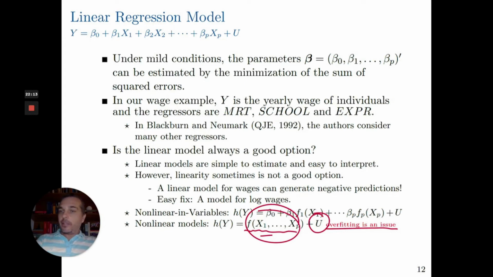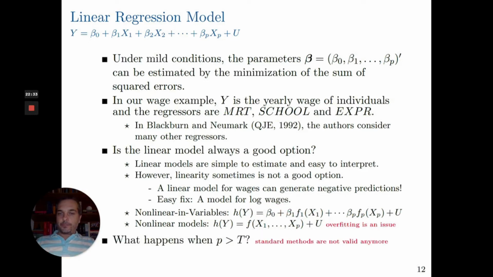This is noise, this is error. You want to learn f. So if you really go crazy and try to estimate a highly nonlinear model or highly nonlinear transformed variables, you run the risk of ending up with an overfitted estimation. Okay? And another problem here is what happens when you have more variables than observations.